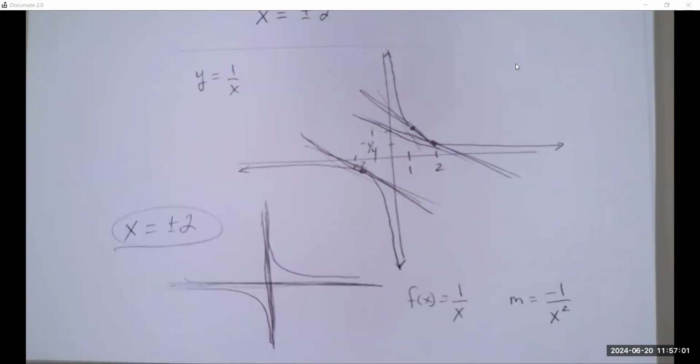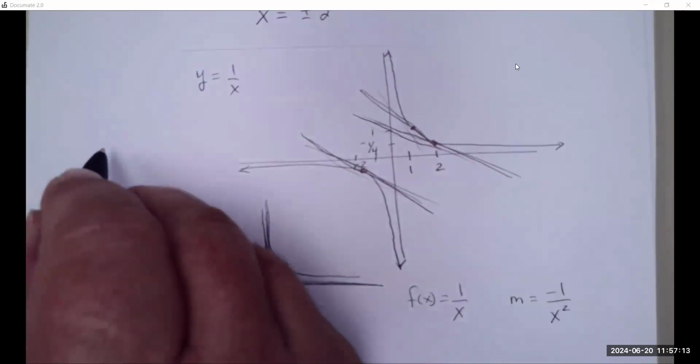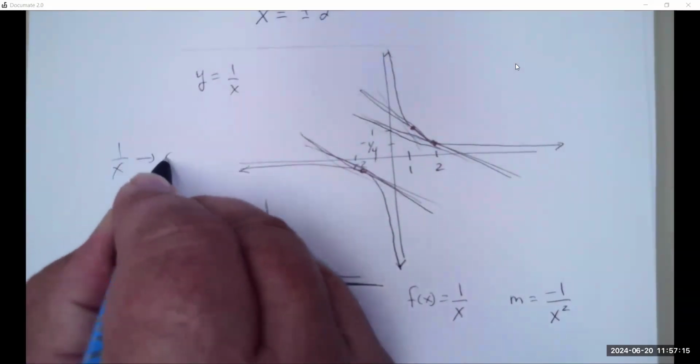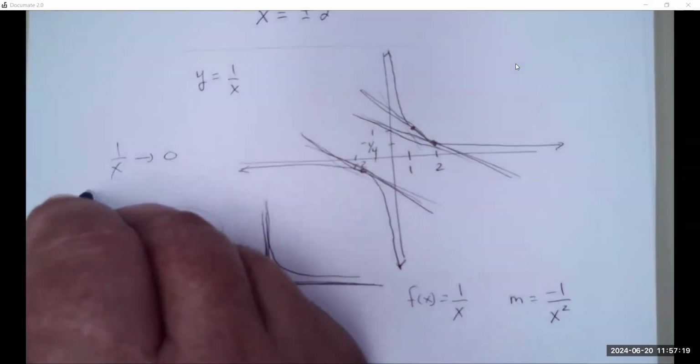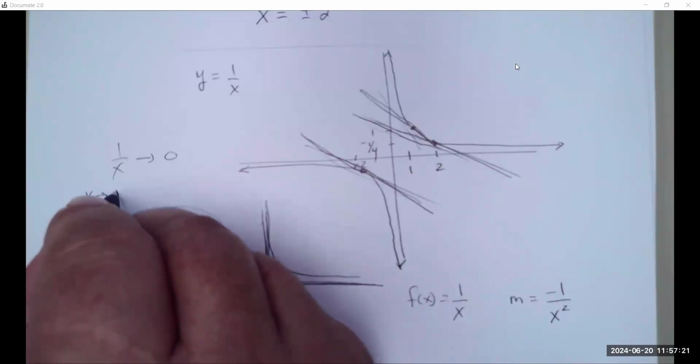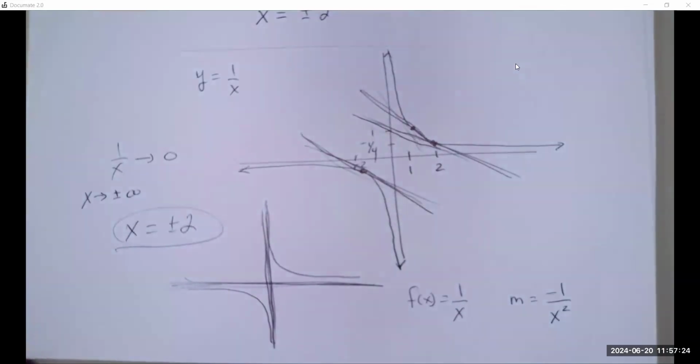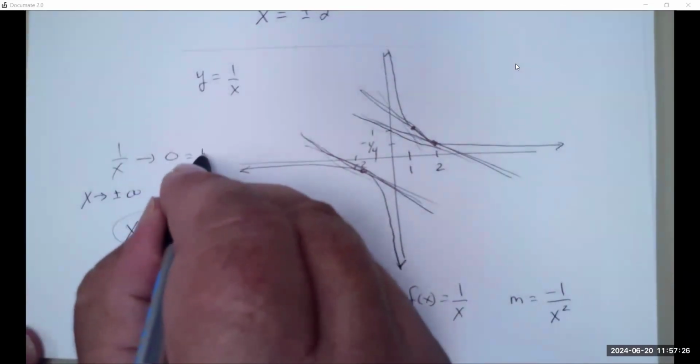You look at the degrees. Ideally, okay, that's the algebra. In calculus, we're supposed to find it as the limit as x goes to infinity. As x goes to positive or negative infinity, 1 over x goes to 0. So that's your horizontal asymptote.